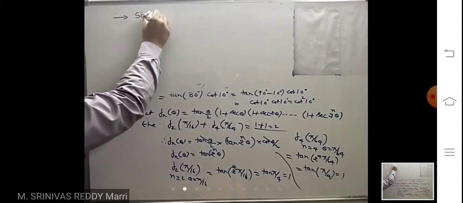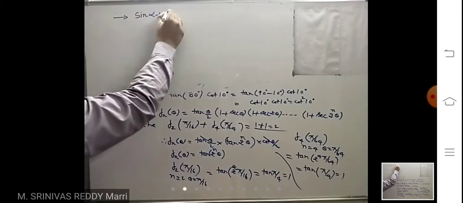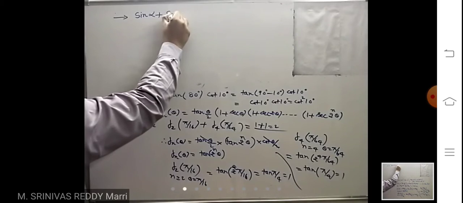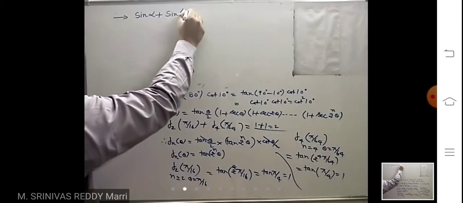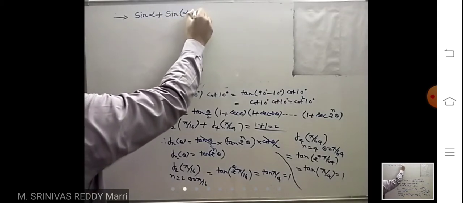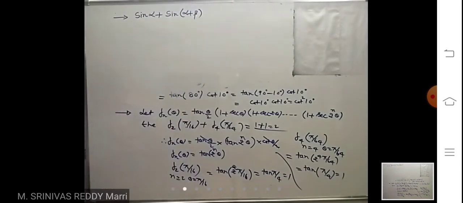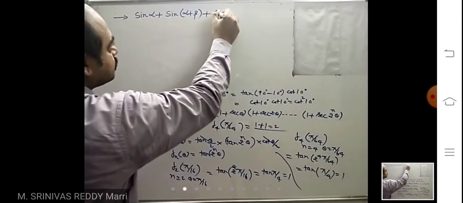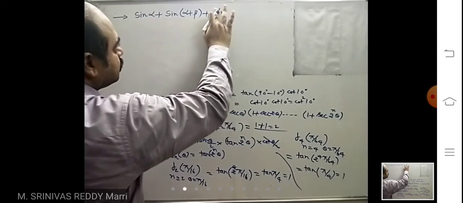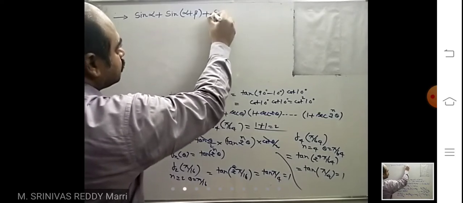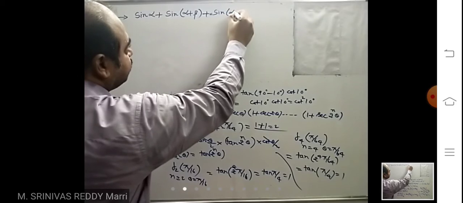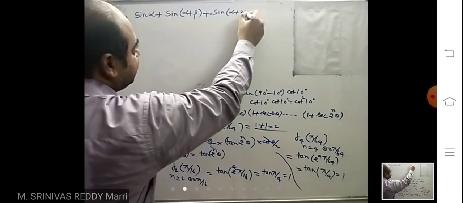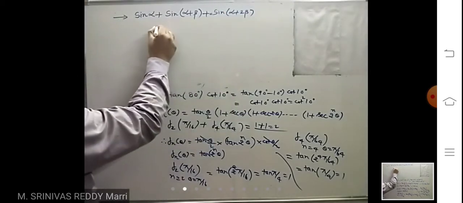Next is sine alpha plus sine of alpha plus beta plus sine of alpha plus 2 beta, and so on.